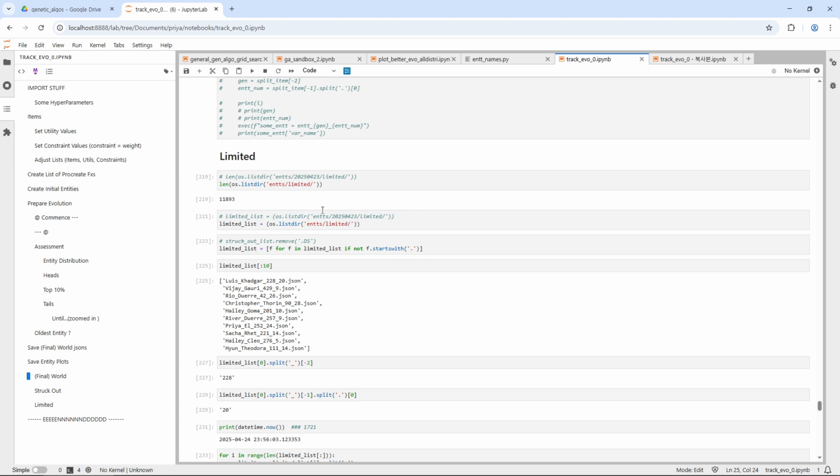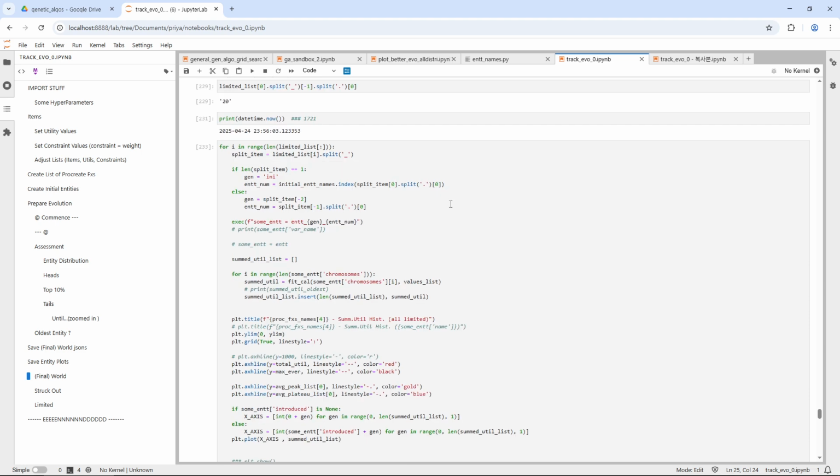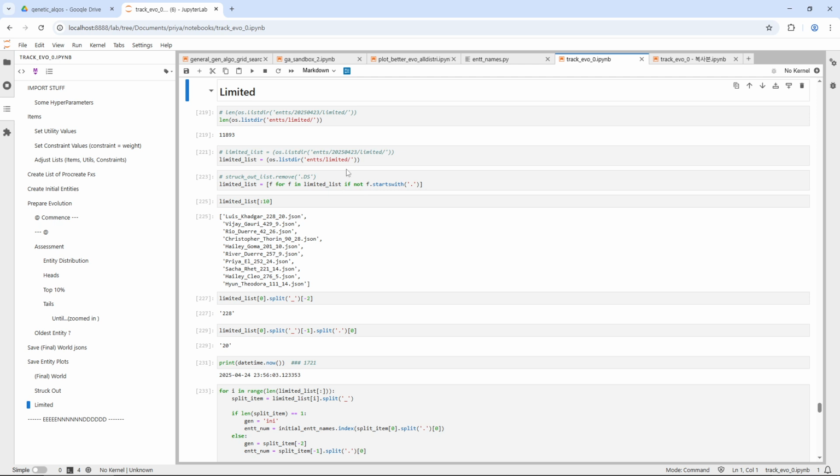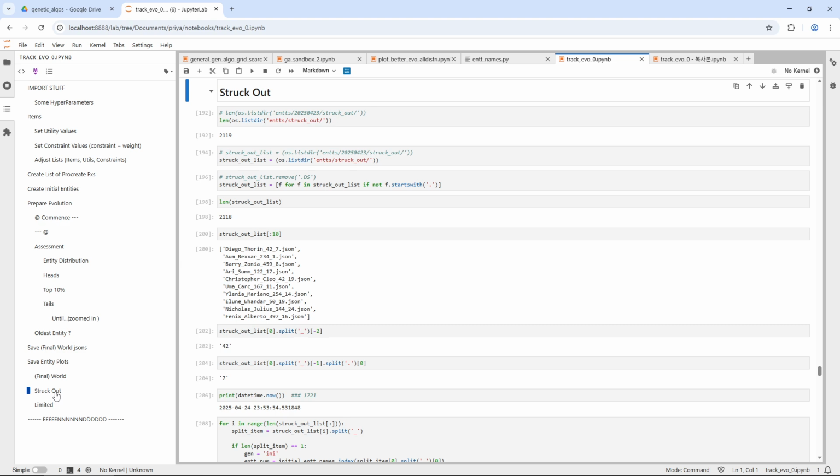And the entities that were limited, all the same procedure. But an interesting thing that I should point out is that the number of entities that got struck out and the number of entities that got limited are vastly different.